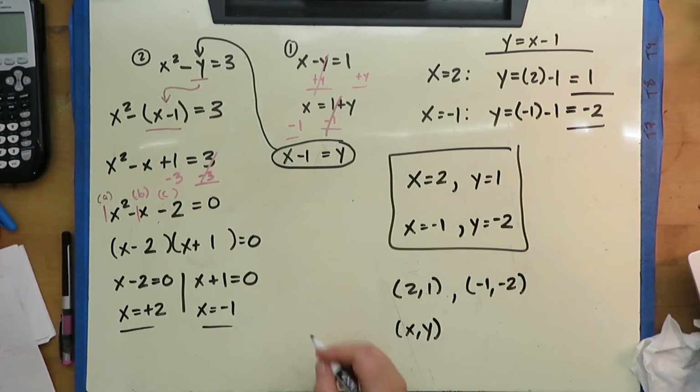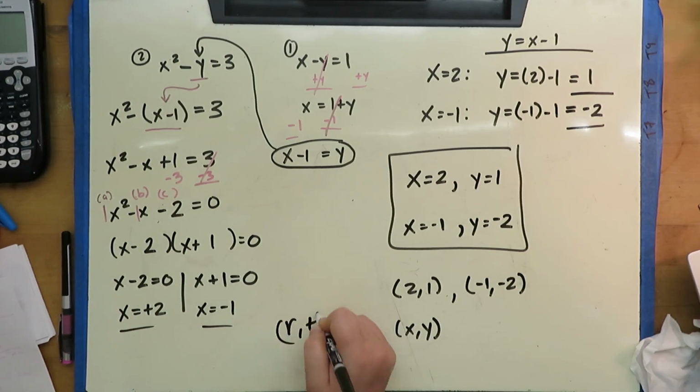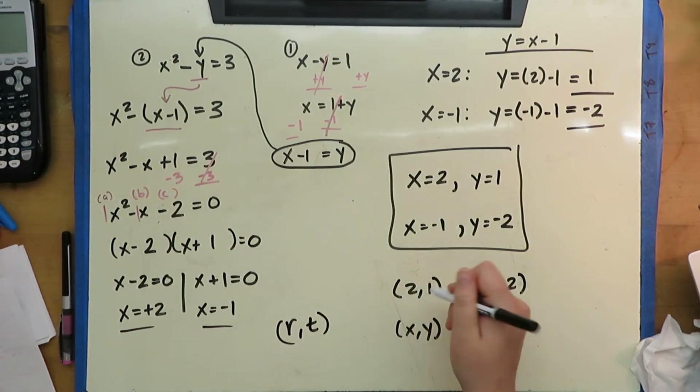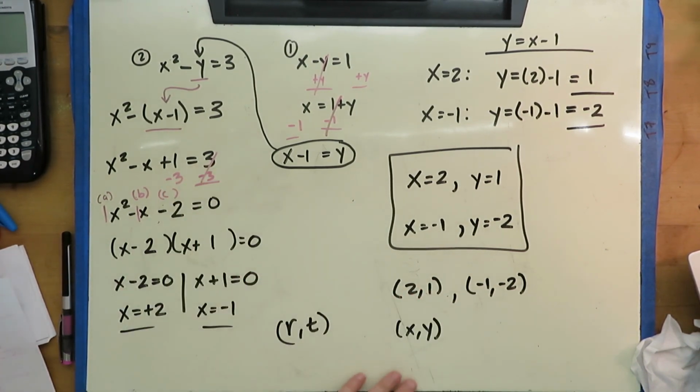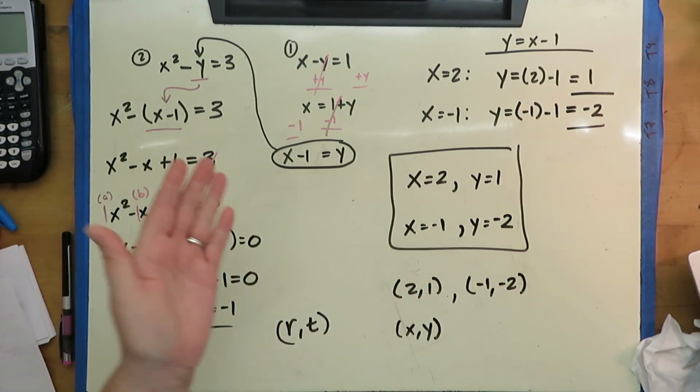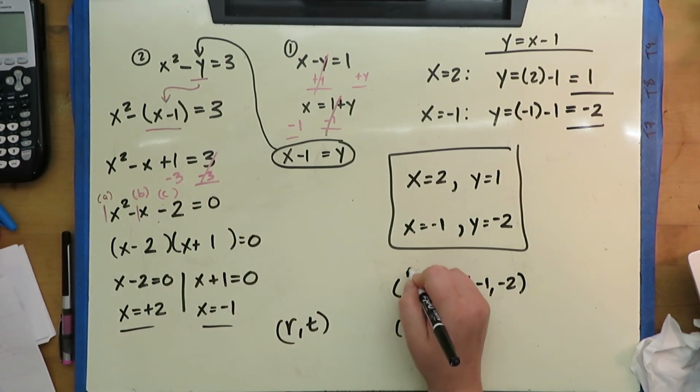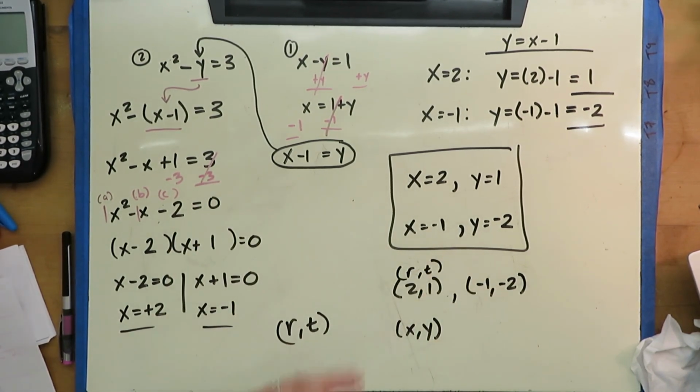But if I'm dealing with r and t as my variables, if I just list these here, r and t are not standardly written as x and y in a set notation like this, so I'd have to clearly state, hey, this is r and this is t. So I'd have to define that that is how I am doing my answer. So just be very, very careful with how you solve your problems.